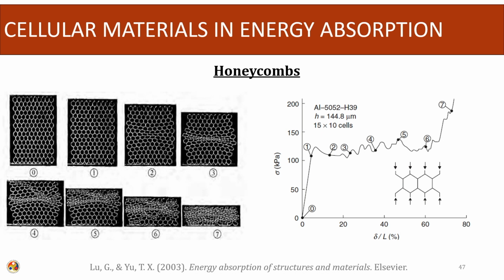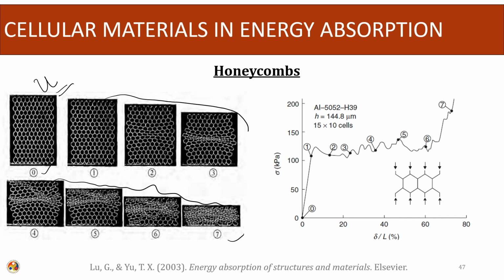So, here we will look into the energy absorption of this material. Here you can see phase wise from 0 to 7 the deformation that is occurring in the material. This is the undeformed shape. Here you see the deformation progressing in the total system.